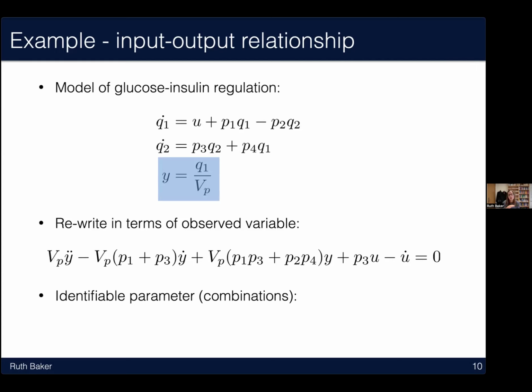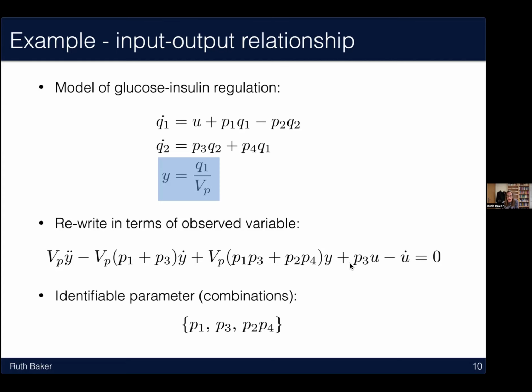The idea is then that if you have perfect data, you can estimate y double dot, y dot, and y. And you know what U and U dot are because they're input variables that you can control. Therefore, with perfect data, you'll be able to read off all the coefficients of this ordinary differential equation. And that gives you identifiable parameter combinations.